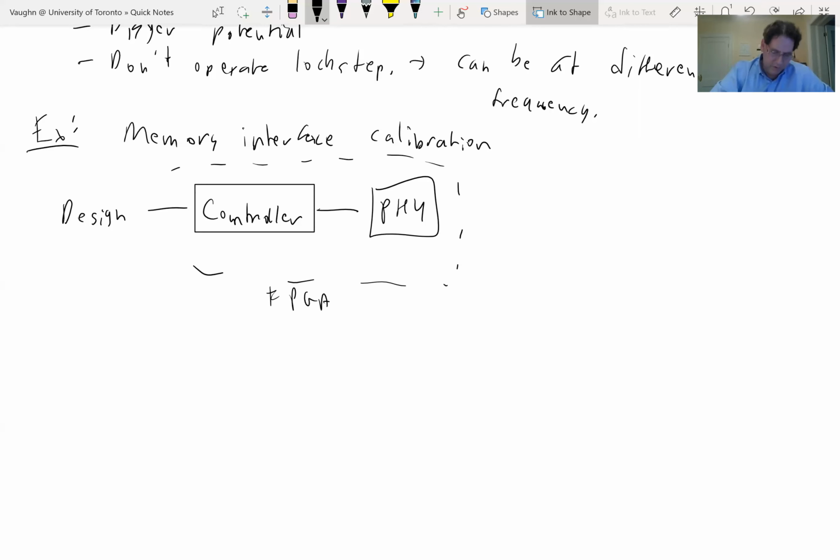Almost all designs are going to talk to one or more off-chip memory chips. So this is your design. You don't want to worry about this. You just want to instantiate some intellectual property core from the FPGA vendor, and that intellectual property core internally has got these two components. It's got a controller and it's got a PHY, and it's going to link you up to the off-chip memory. Okay, so on your board, you now have off-chip memory.